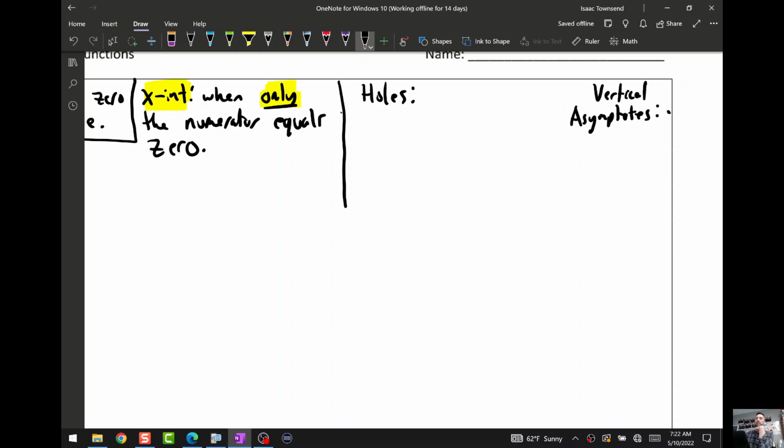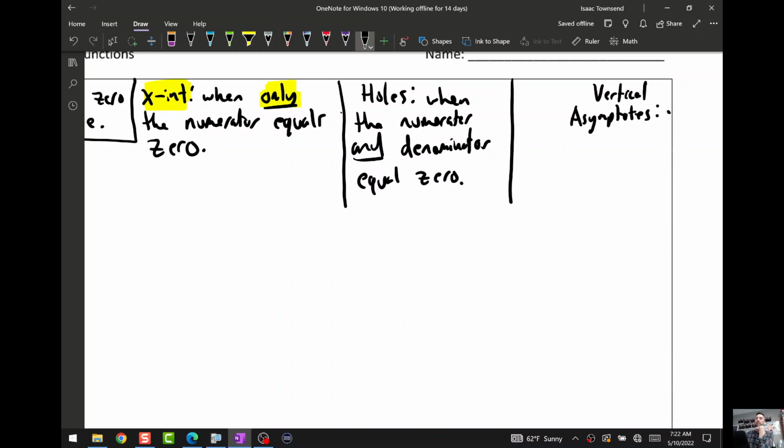So holes occur when the numerator and denominator equal 0. Okay, this time I'm highlighting the word and because there's some overlap here.